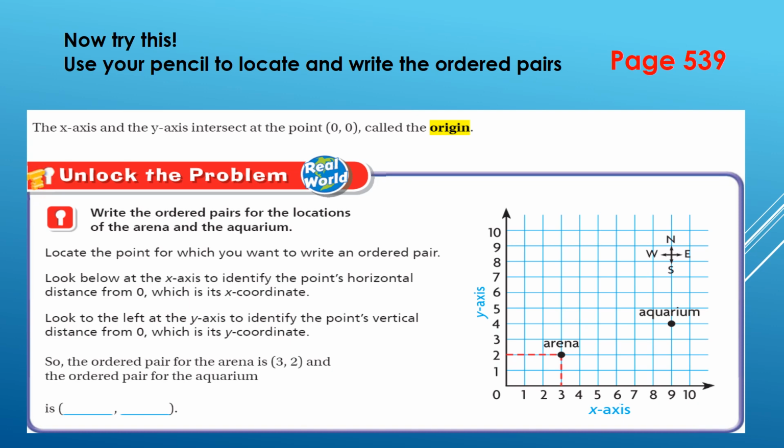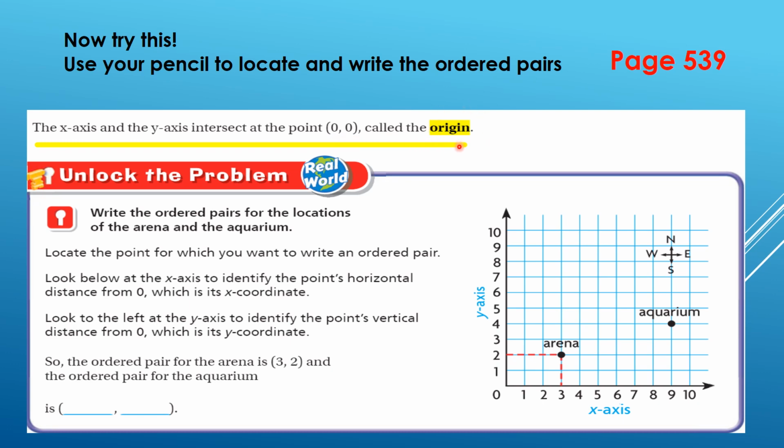Now let's try this. I would like you please to use your book, chapter 9, page 539, and we will use our pencil to locate and write the ordered pairs. So this is unlock the problem, but before we do, I want you to remember this very important information. The x-axis and the y-axis intersect or meet at the point 0, 0, and this is called the origin.